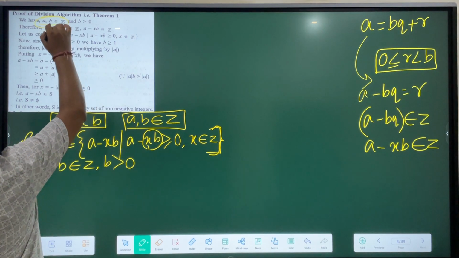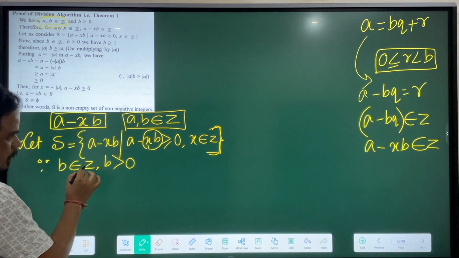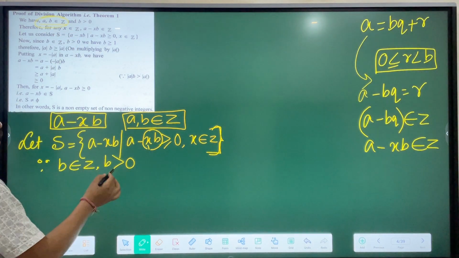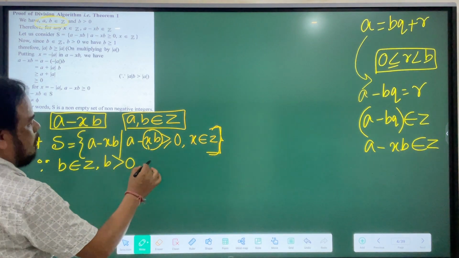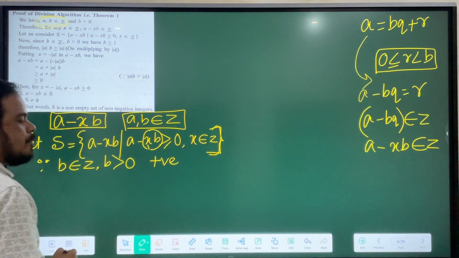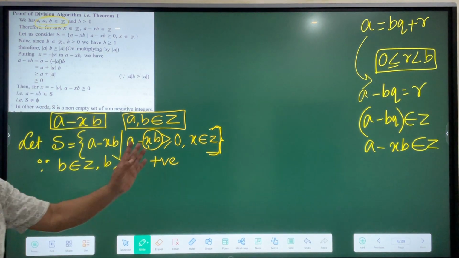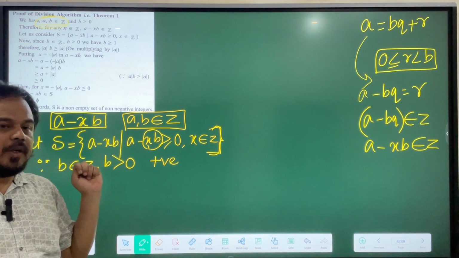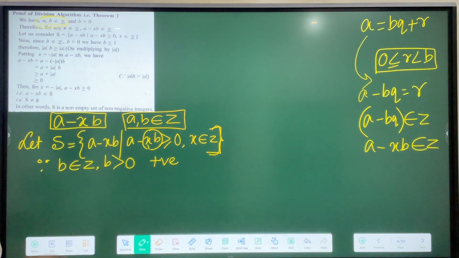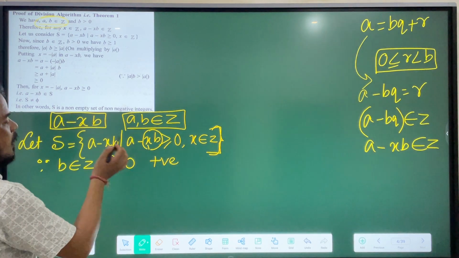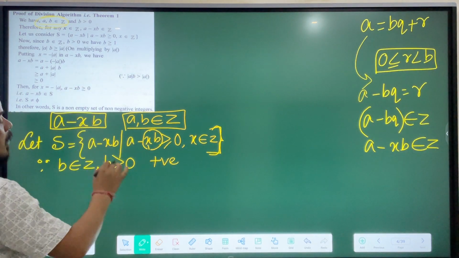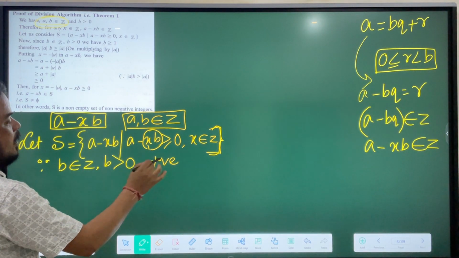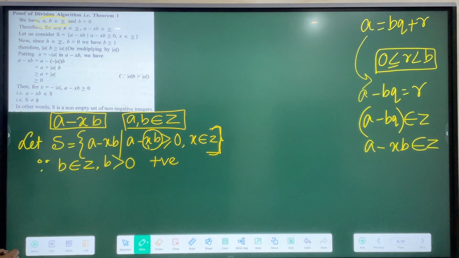Look here, b is an integer, but there is one more condition given: b is greater than 0. That means positive. Greater than 0 means no negative, a positive integer: 1, 2, 3, 4, anything. Because of this condition given in the theorem, we have come to know that b is a positive integer.